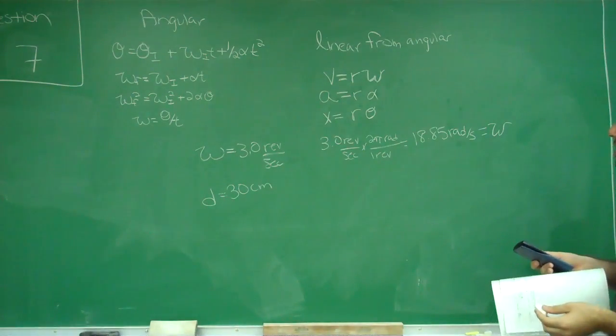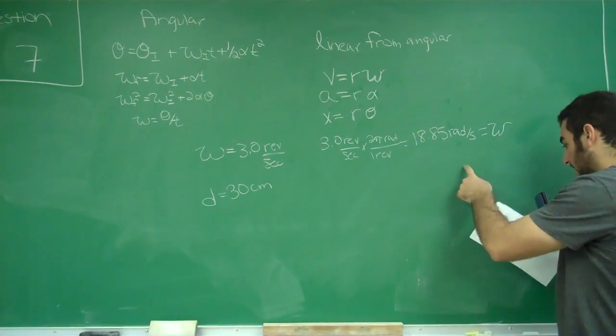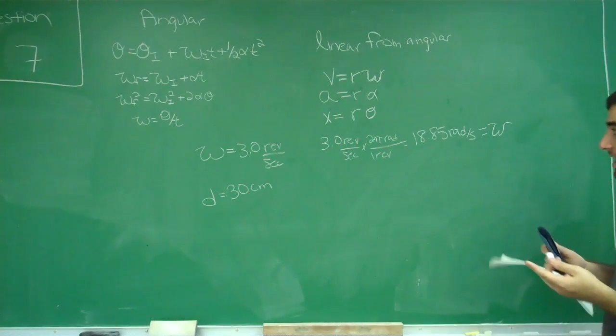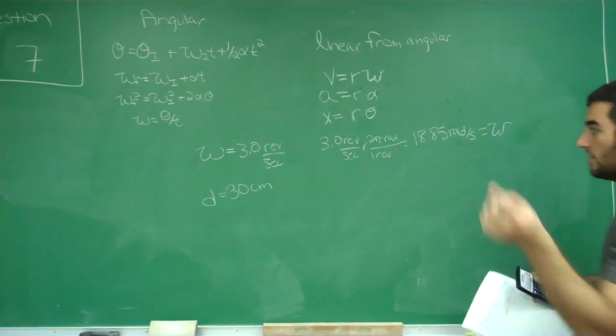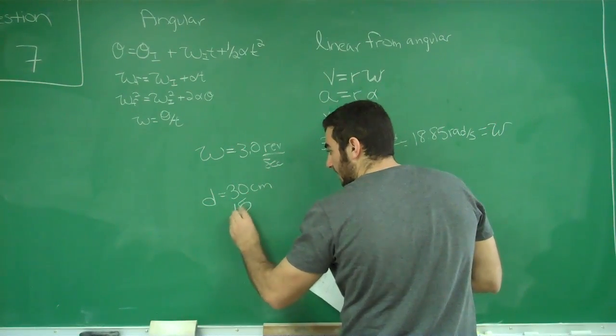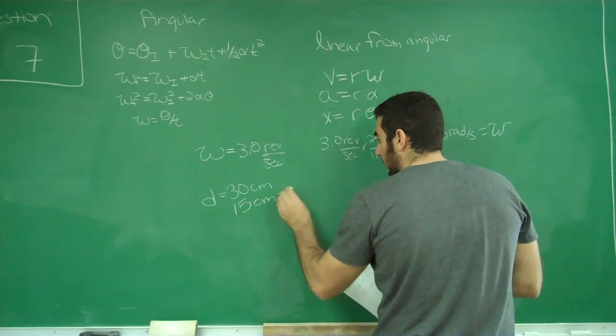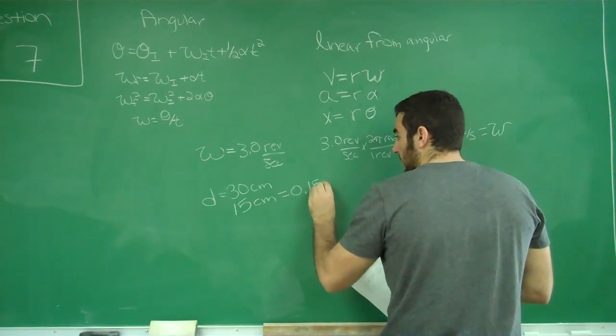If we want to find what the linear velocity is, we need to take this omega and multiply it by the radius. This gives us the diameter, so we're going to have to cut this in half to 15 centimeters. Make sure you still convert it to meters when we do this.